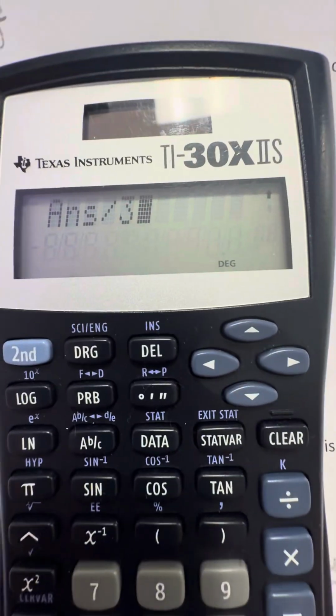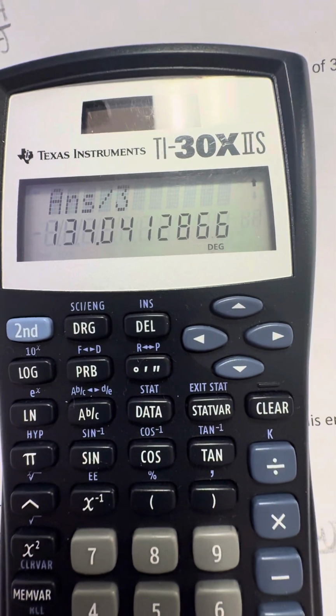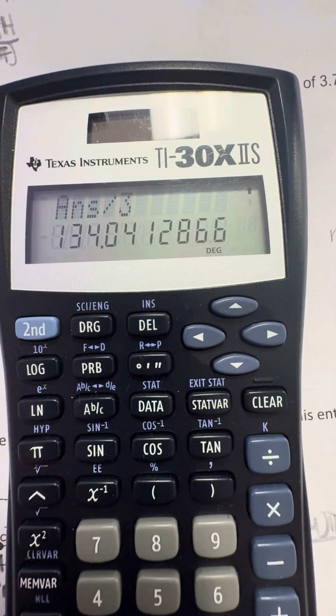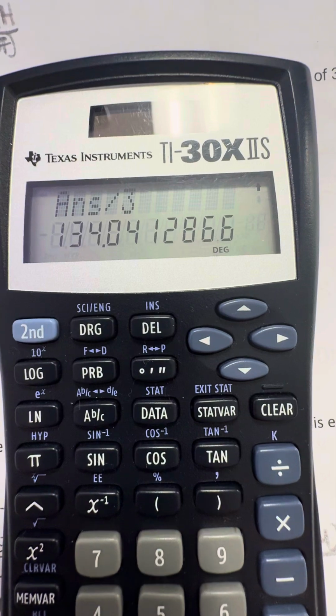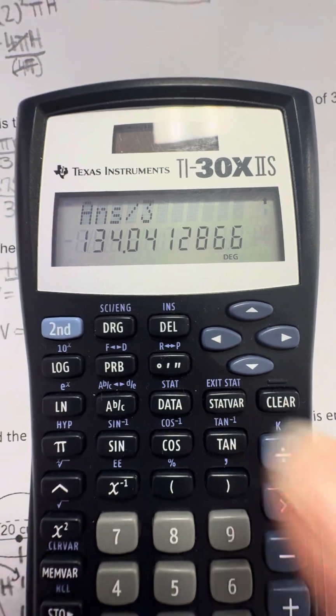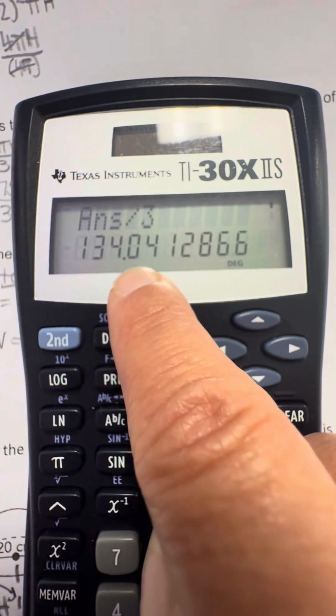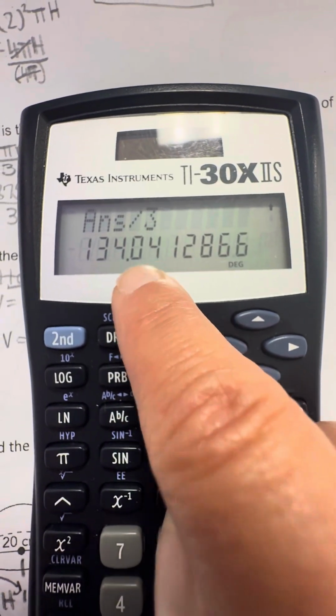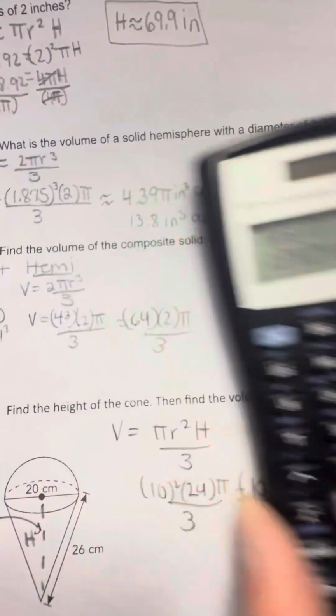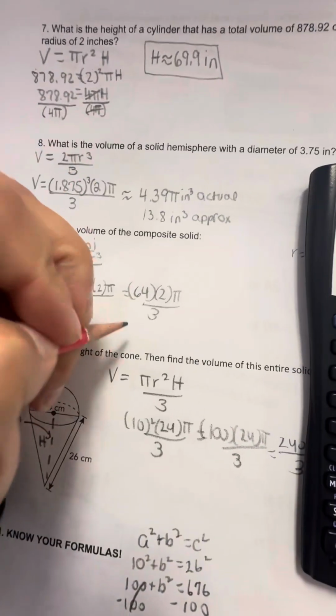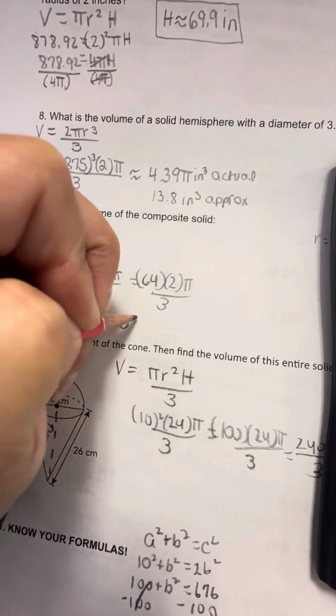Again, I'm not doing the exact on this one because with composites, we're trying to find the total volume. So it's basically 134. We're going to call it just 134 because the 0 is right after that decimal and there's a 4 after that, which would not round that up. So we're going to go with an approximation of about 134 for the volume for this.